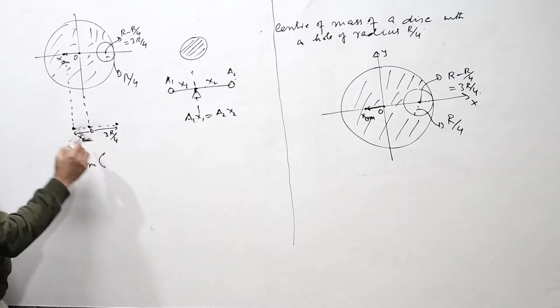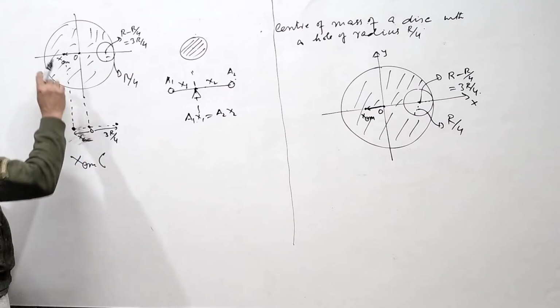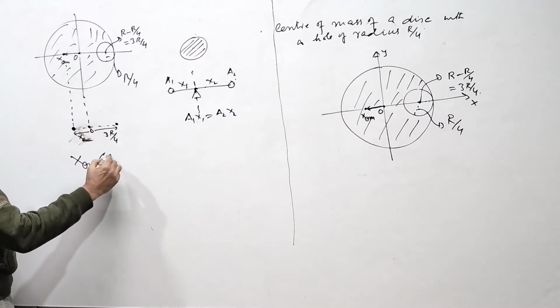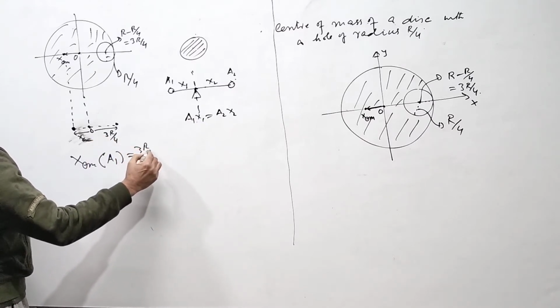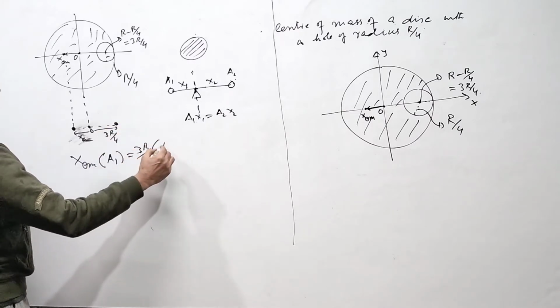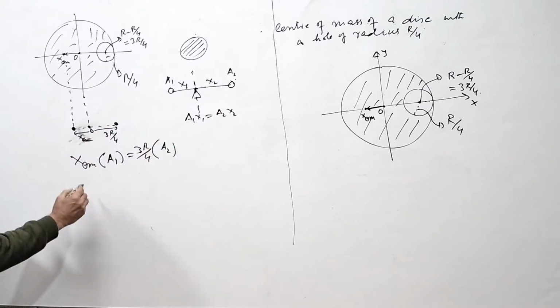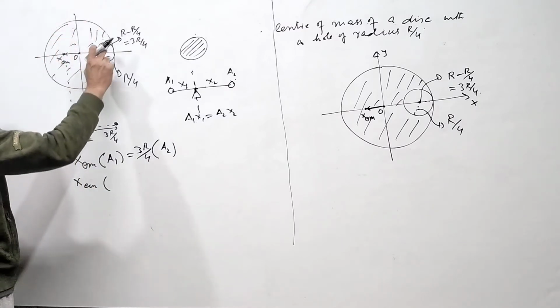So what should we write here? x (the shift) into area of this disk with a hole. What is the area of a disk with a hole? Suppose A1, is equal to 3r by 4 into area of this disk, A2. What is this A1? Area of this disk with a hole.